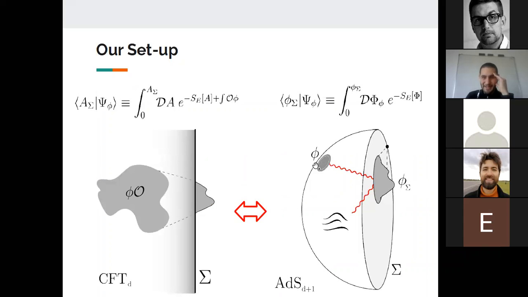So let me draw this a little bit. Maybe I should have shown this before, but this is more or less a drawing of the procedure I'm doing. This is some deformation, and when one reaches up to sigma, there's an excitation with respect to the original path integral that has to do with this deformation. And let's say I grab this half sphere Euclidean AdS. If I integrate without any sources turned on, I end up with a vacuum at sigma.